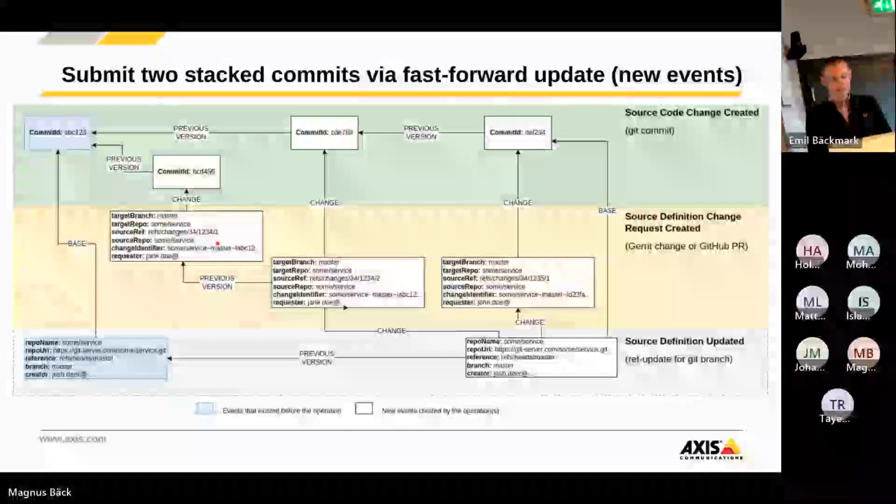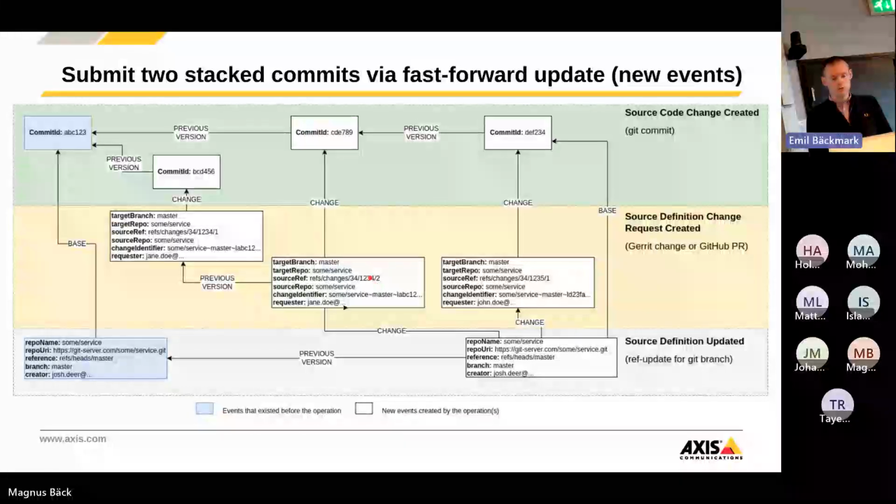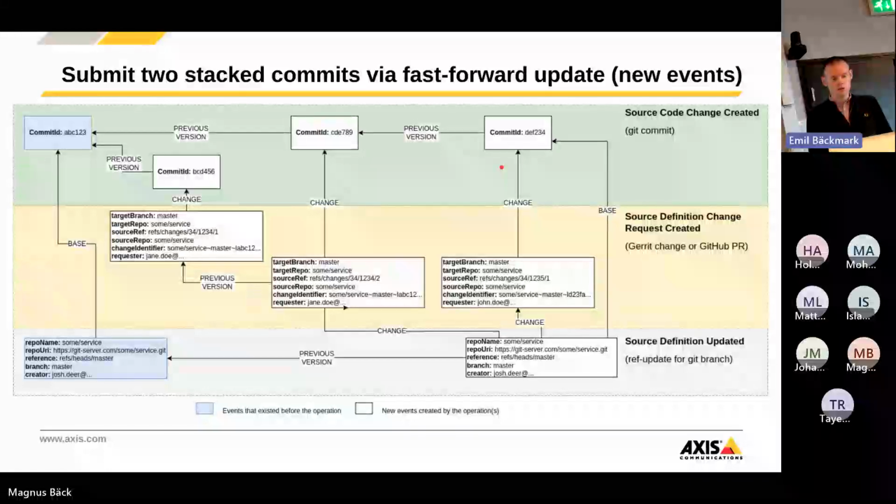Then we make a revision to this change here, and we push it to a new commit, and that results in a new change request. It's patch set 2 of this change, so revision 2 of the particular change. And a third commit is pushed on top.